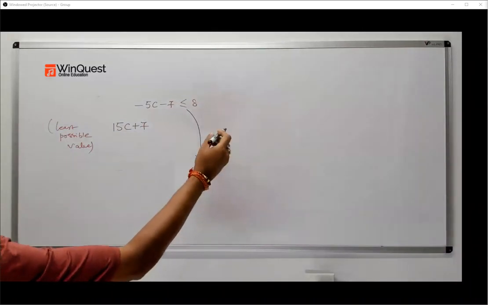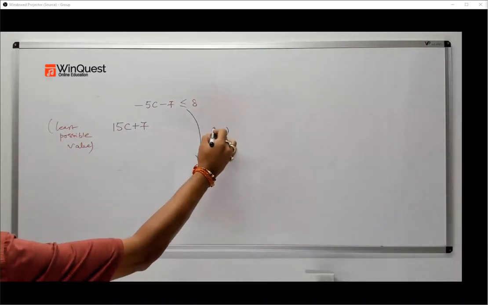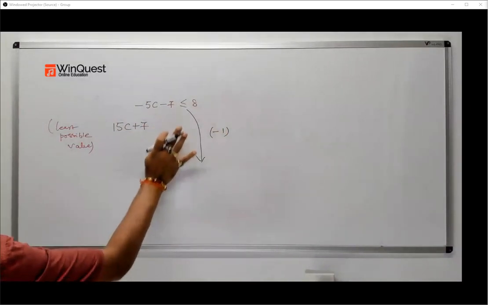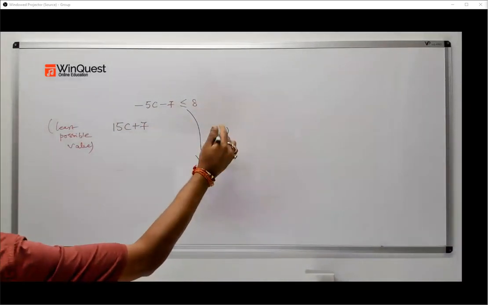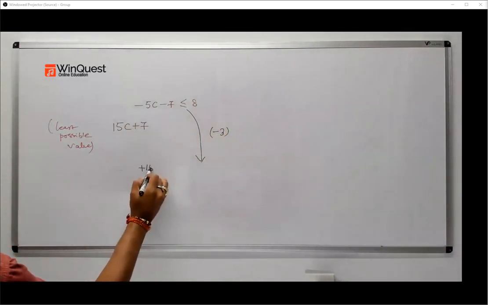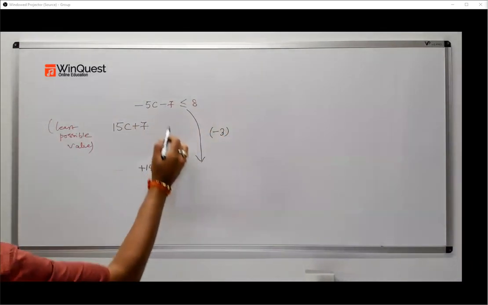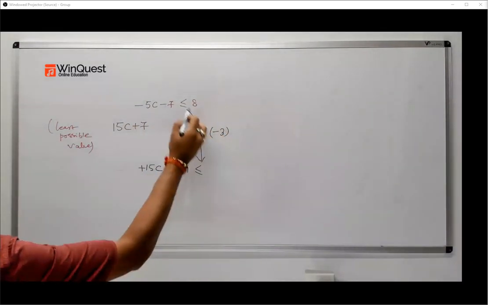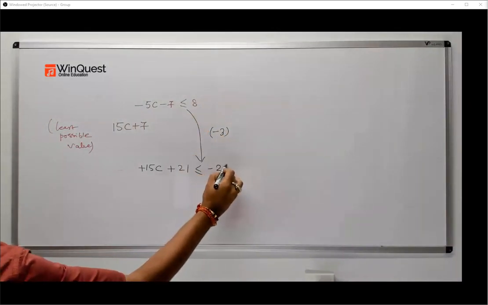I will multiply it by -1 on both sides. This will become not multiplied by this, -3. This will become positive 15c. This will become positive 21. And this will become -24.